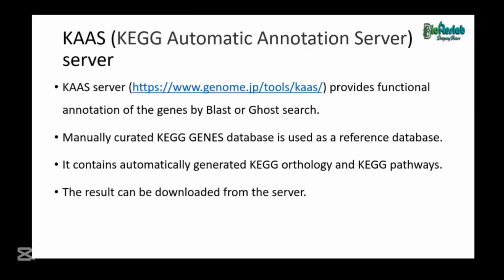And then it gives us the KEGG orthologies. And if you're not aware of the KEGG orthologies, those are the particular set of genes which are involved in the different steps of the metabolic pathways. So we can reconstruct the complete metabolic pathway from there. Right. So this is used for the reconstruction of the metabolic pathways.